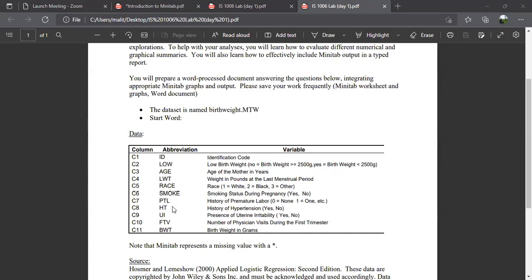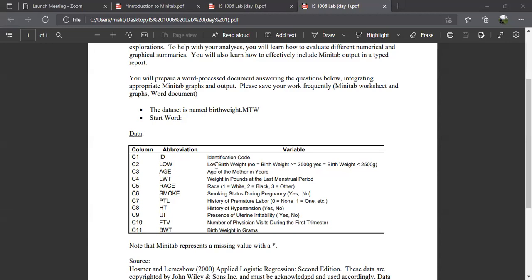The first thing is to do research about those variables, and that is the best way to do a proper and meaningful analysis, right? Without knowing what they are, we can't blindly do analysis, right?